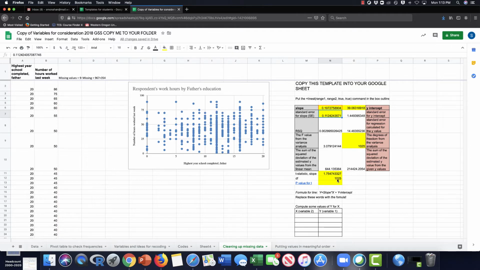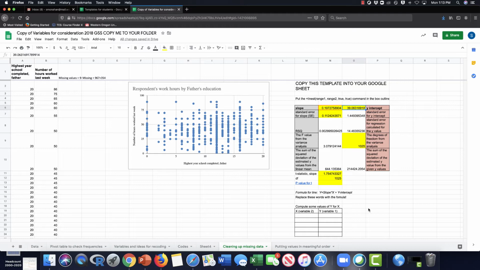And so what we see, ooh, this is interesting. We find a slope and we find a y-intercept. Our y-intercept is at about 39 hours. So when the father's education was 0, the line crosses the y-axis at 39.